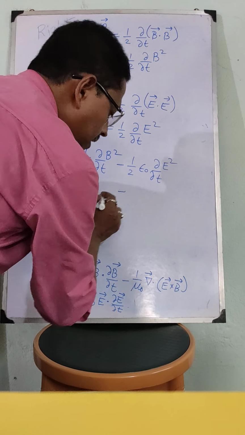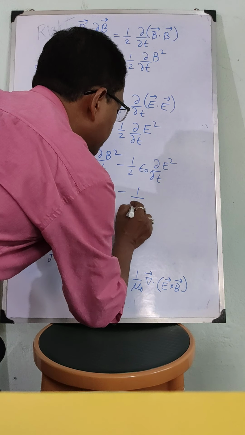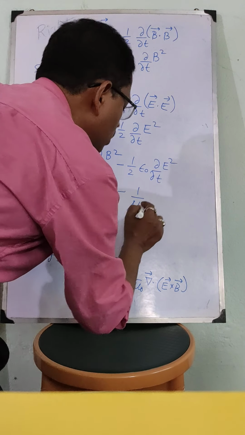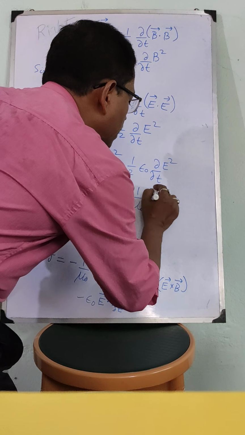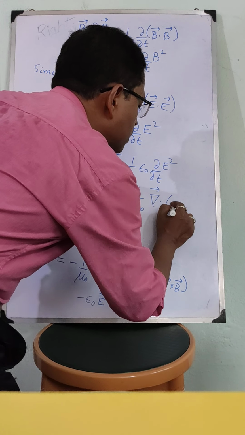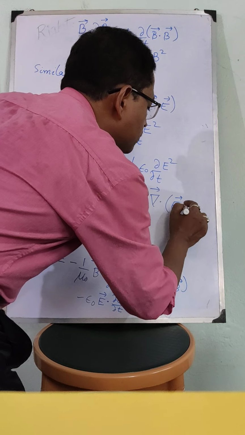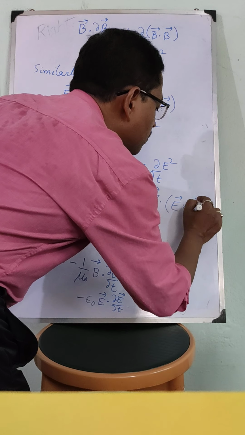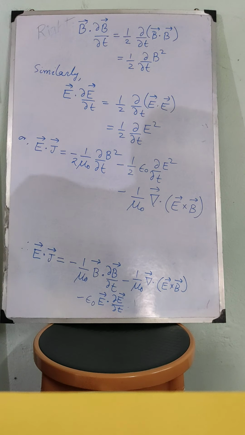So minus 1 by mu 0 del dot E cross B. Okay. So this is the expression of E dot J.